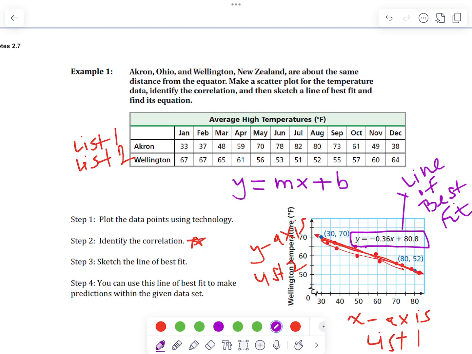And what you can do is make predictions within that data set. So let's say you want to find out what would be the temperature right within here, those months. You could use that data table there, or you could use your line of best fit.